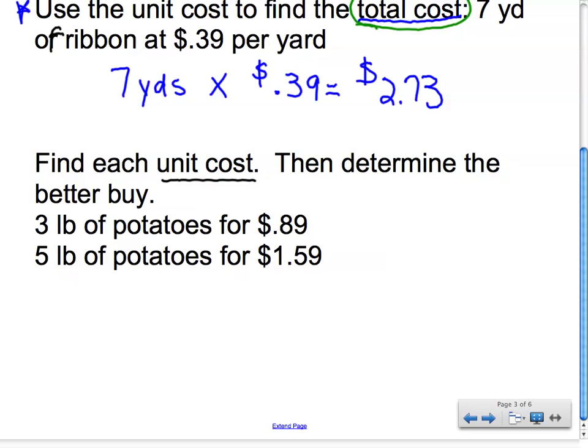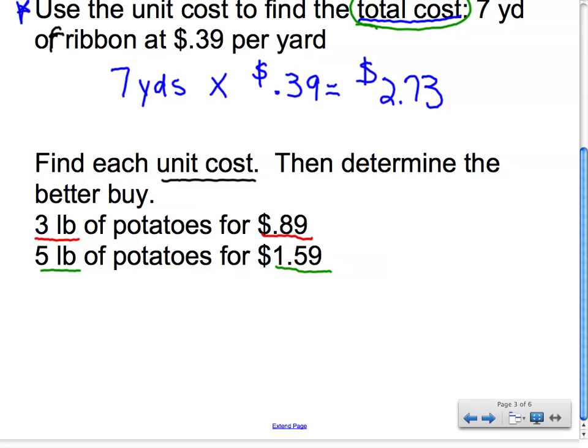Which one is the better deal? For example, the first one says 3 pounds of potatoes for 89 cents. The second example has 5 pounds of potatoes for $1.59. Which one would save us more money?